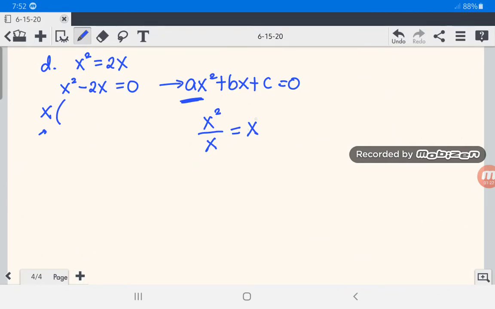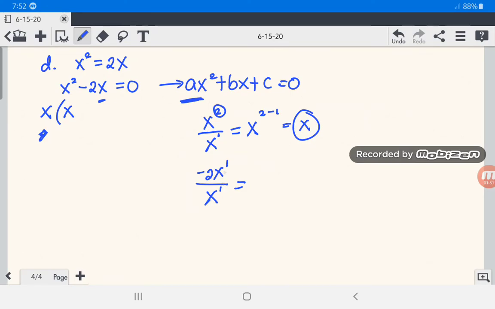So that is x only. So you have to write x. Then for the second term, we have negative 2x, then divide it by the common monomial factor, which is x.